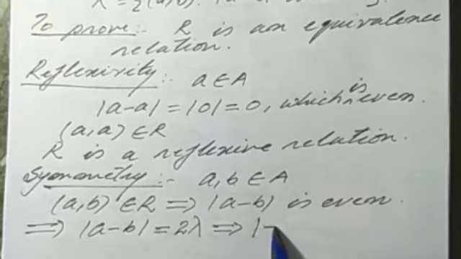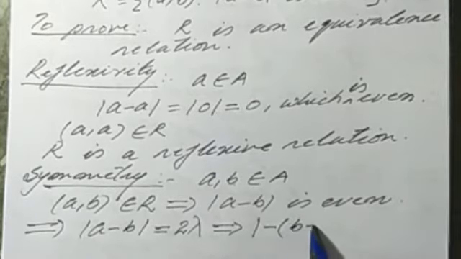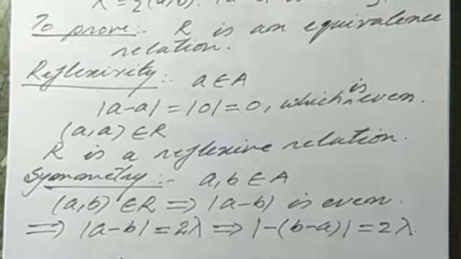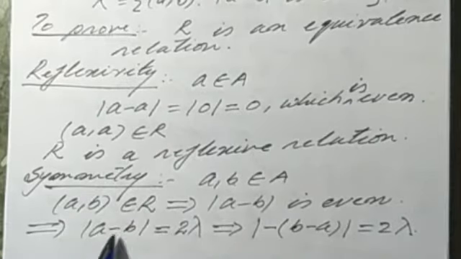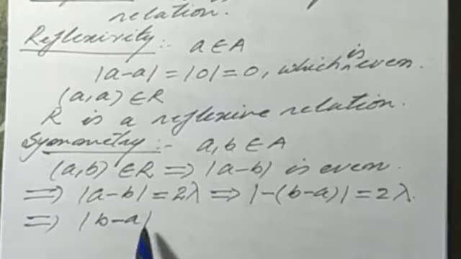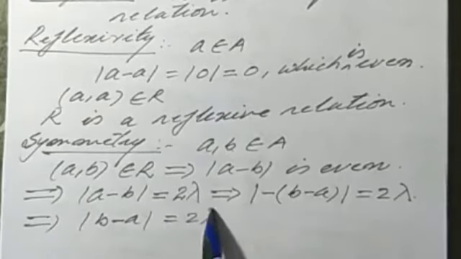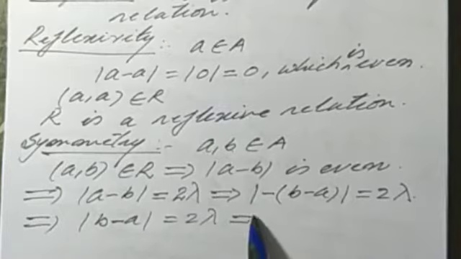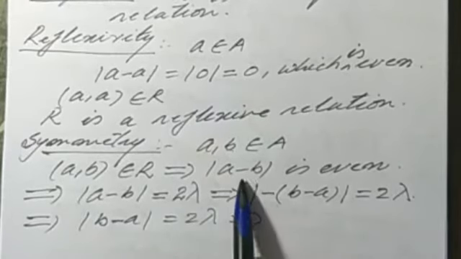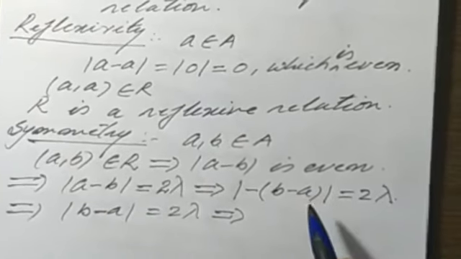So it implies that modulus of minus (b minus a) is equal to twice lambda. That is, we have taken minus out of the two terms within the modulus sign, and it implies that modulus b minus a is equal to 2 lambda. That is, modulus b minus a is also an even number if modulus a minus b is an even number.